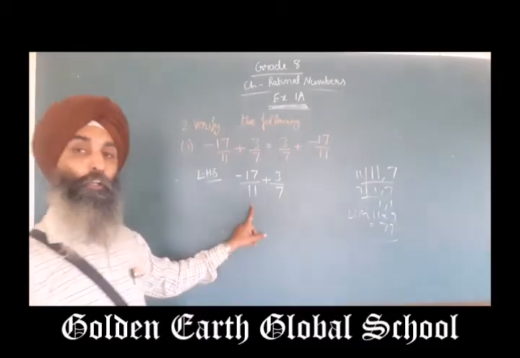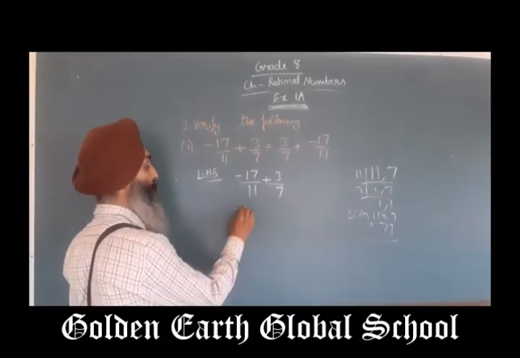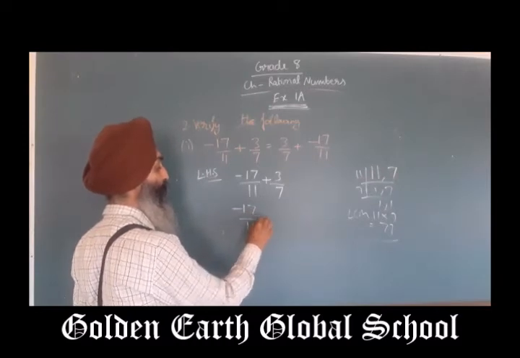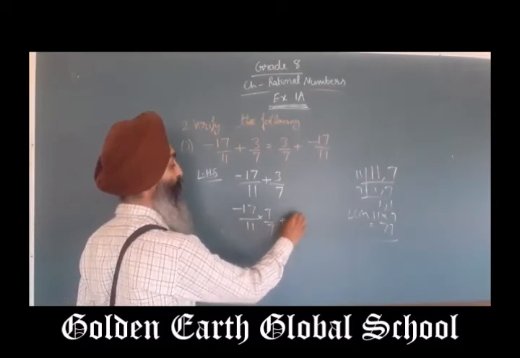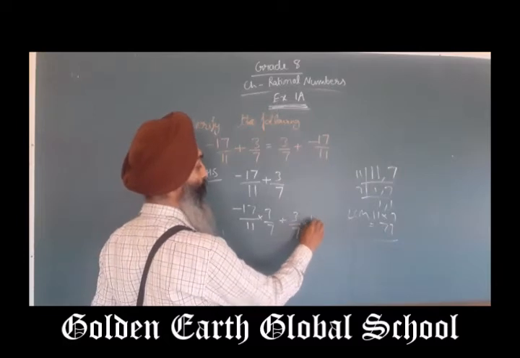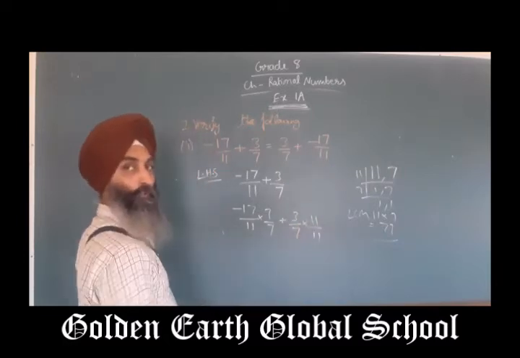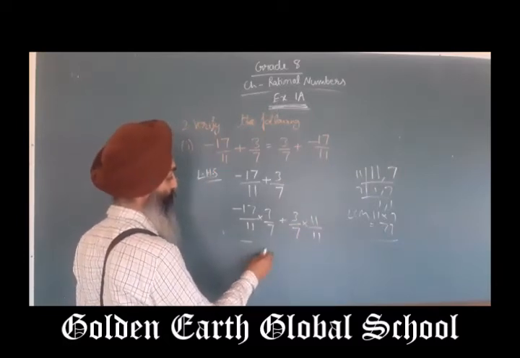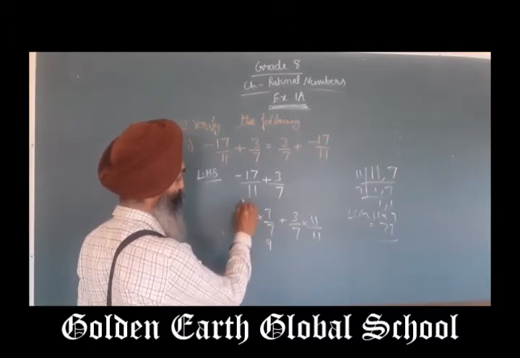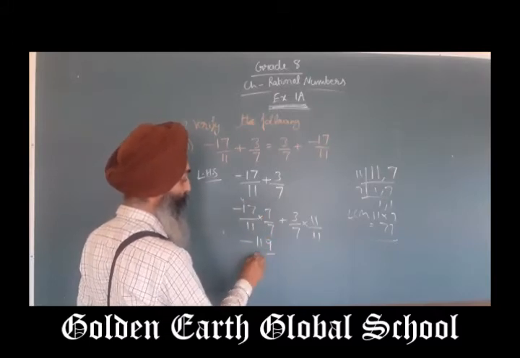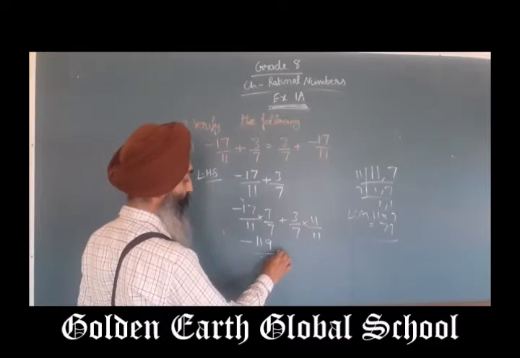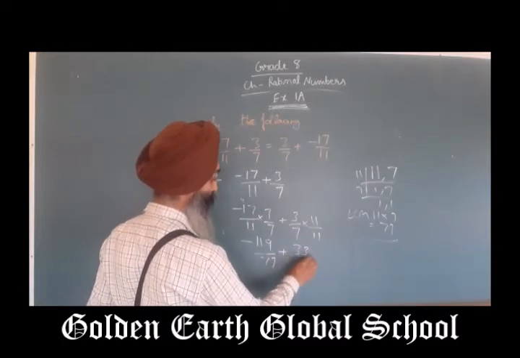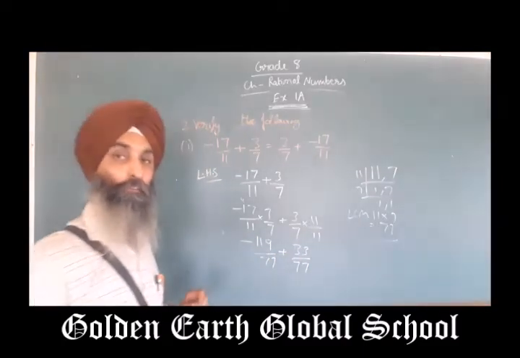How to make the denominator 77? By multiplying 7. And for the other, by multiplying 11. We will get minus 119 upon 77 plus 33 upon 77.